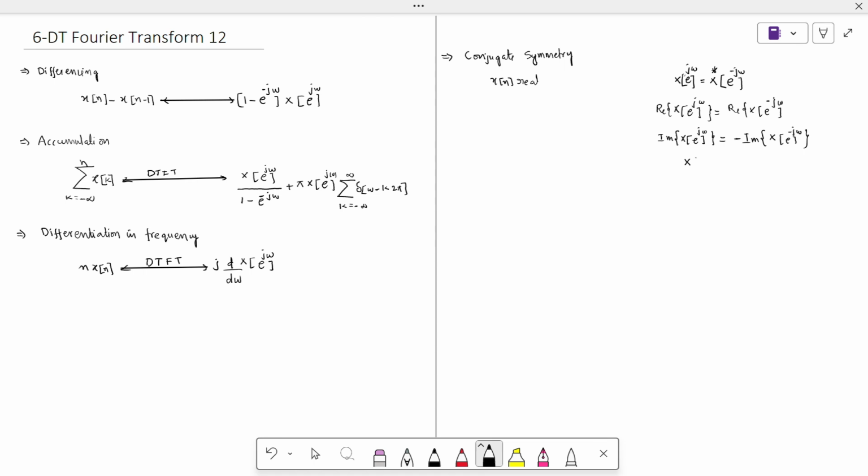Next, the magnitude of x of e power j omega equals the magnitude of x of e power minus j omega, so the magnitudes are equal. But there is a 180 degree phase shift between the two, so x of e power j omega equals minus x of e power minus j omega.